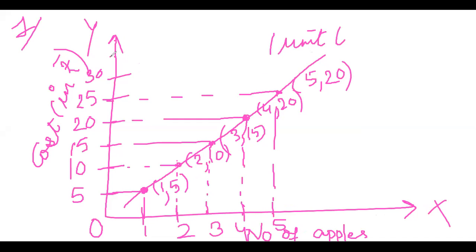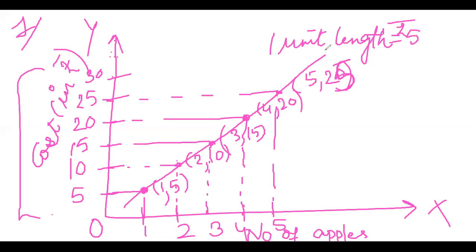Mostly you always mention it for the y axis because cost is given here, the rest you already have 1 2 3. Okay, so 1 unit length is equal to rupees 5. So please do the correction here. By mistake I mentioned here 520, it should be 525, right?